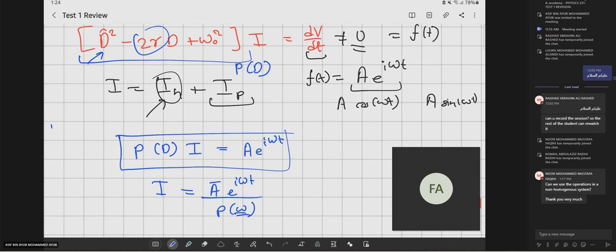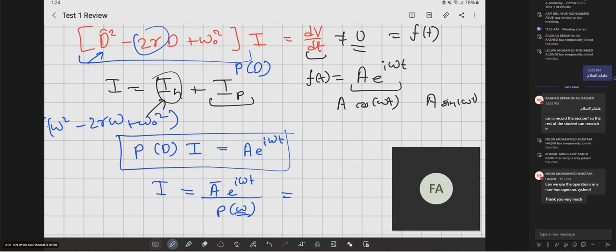So I'll have omega squared minus 2 gamma omega plus omega naught squared. No, it's not that actually, it's going to be divided by this thing.